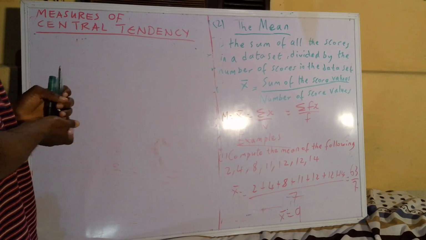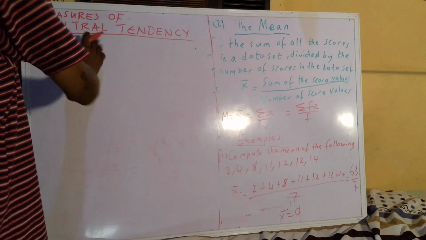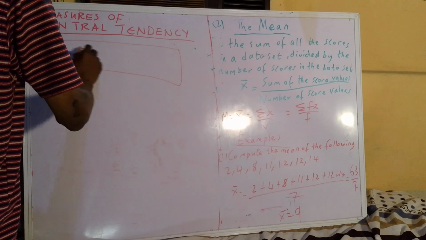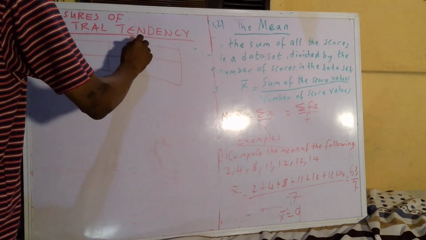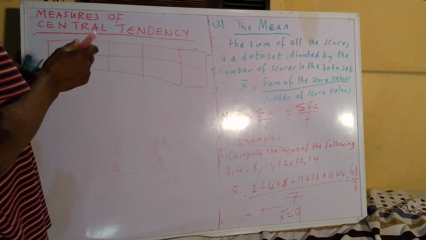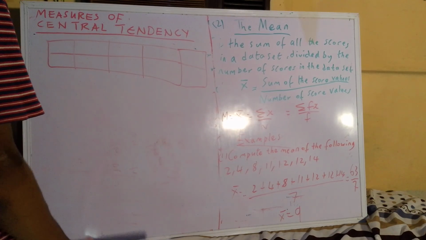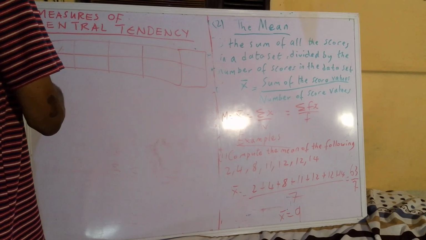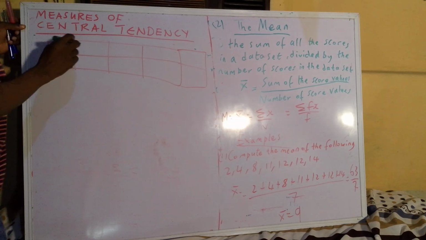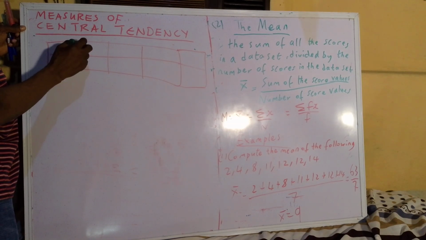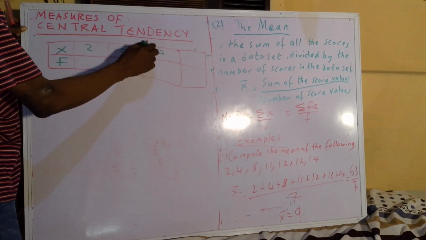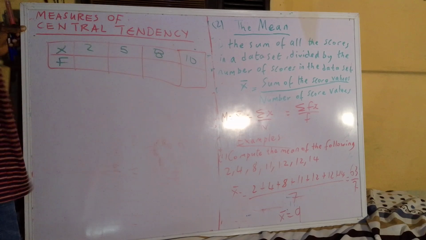Let's calculate the mean for group distribution. If you have a table like this, in case it comes out tomorrow, and you now have, let's say these are the scores: 2, 5, 8, 10.